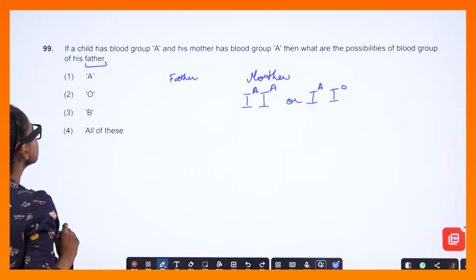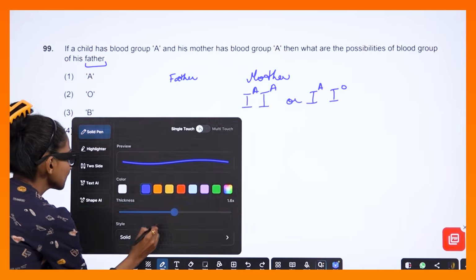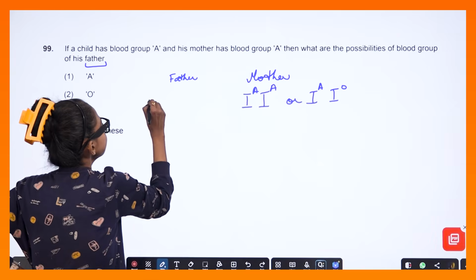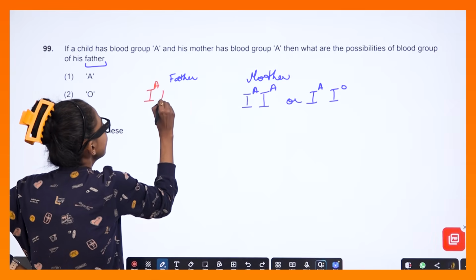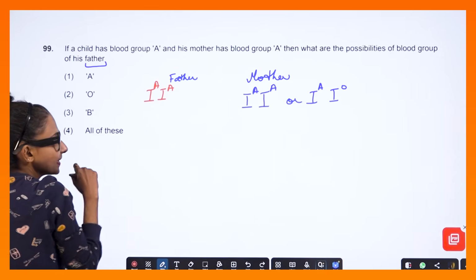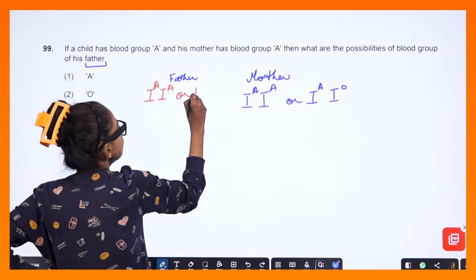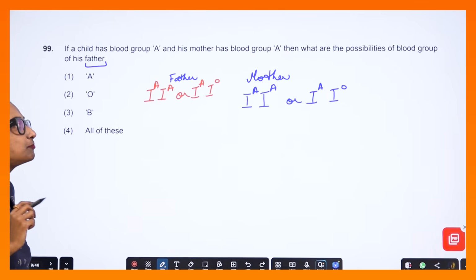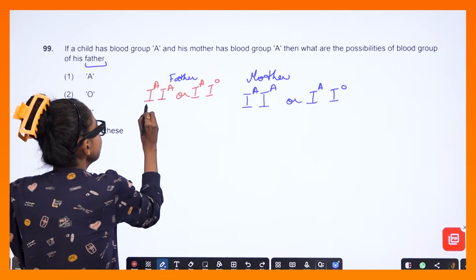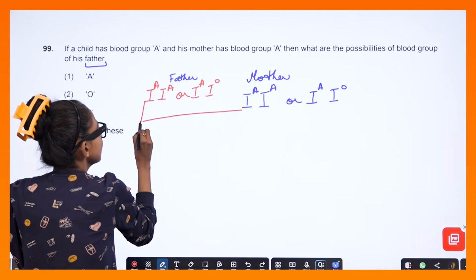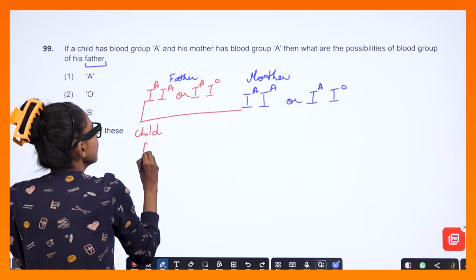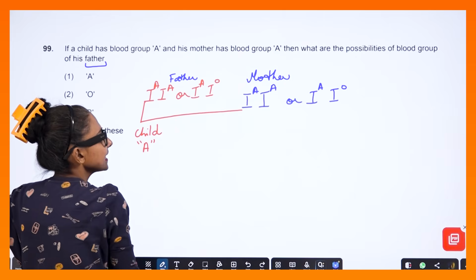Now suppose the father is IAIA, or the father is IAIO. In both cases, if I cross this one with this one, the child will have A blood group. Correct?